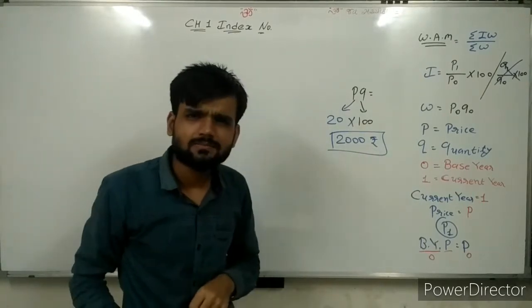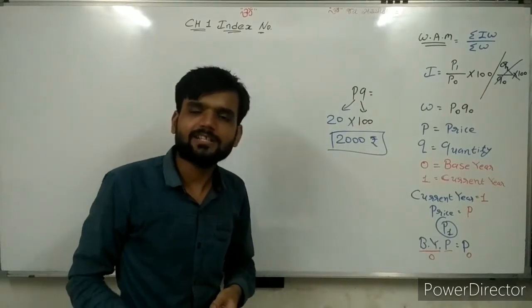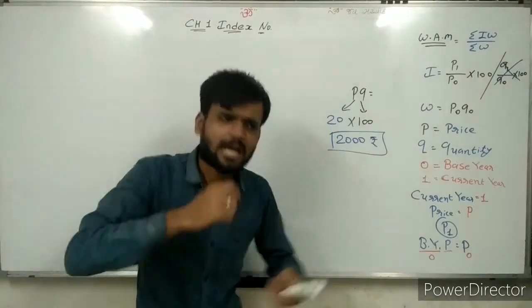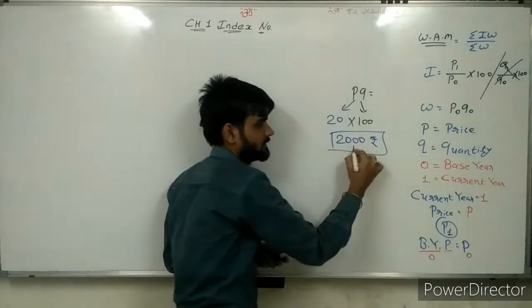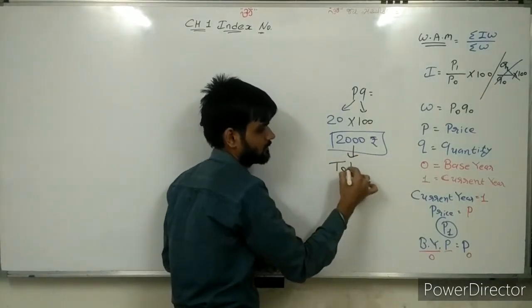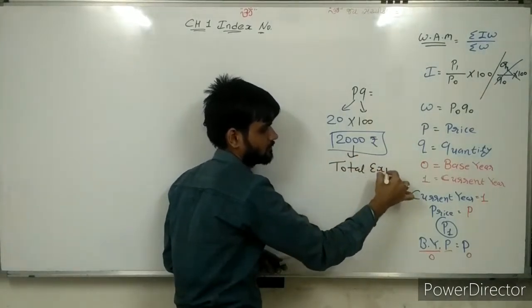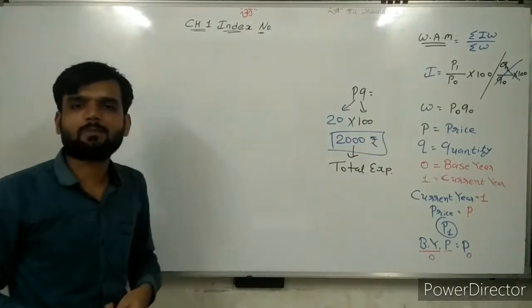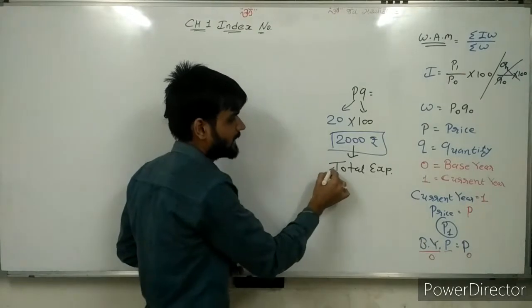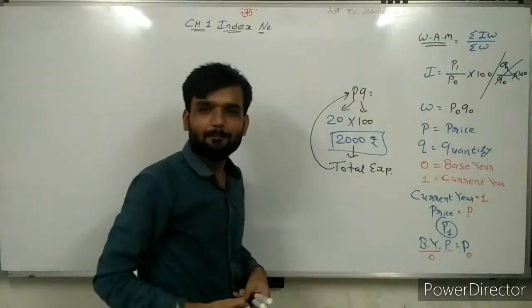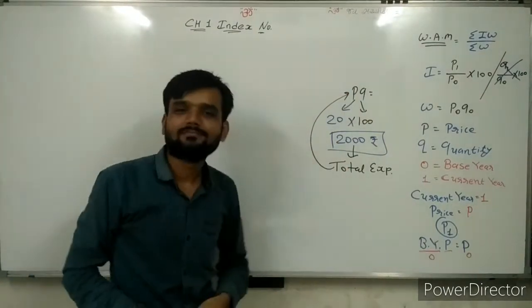What is it, sir? It is my total expenditure. I spent that much amount. So I can say total expenditure means P into Q. Simple.